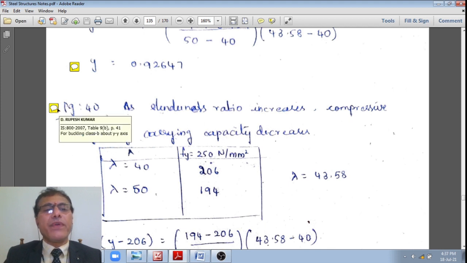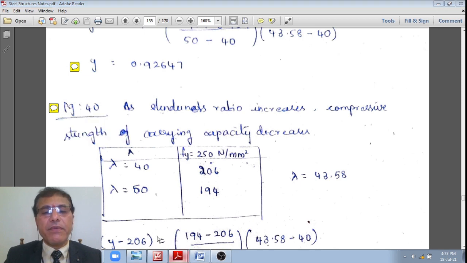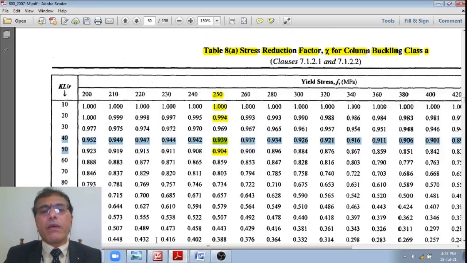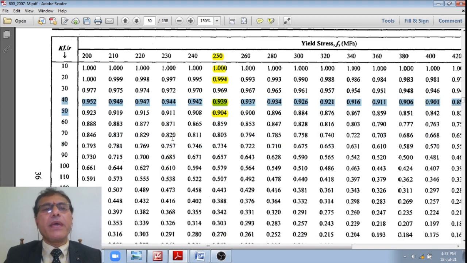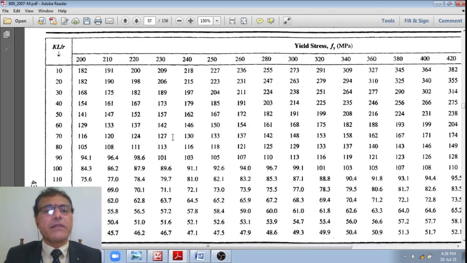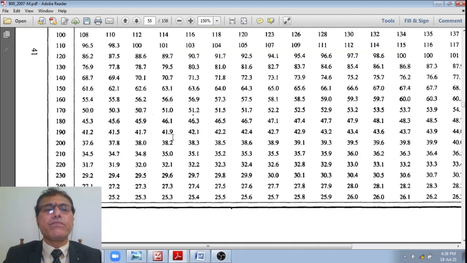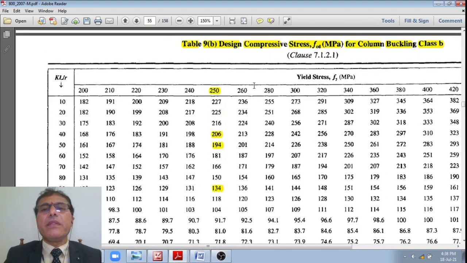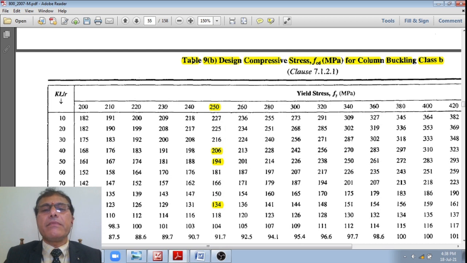If I go to Table 9B, page number 41, students, I was on page number 36. Just bear with me for a moment. Yes, this is page number 41, wherein this is 9B. Previously, we should have used 8B for the minor axis. Therefore, corresponding to that, I shall be using 9B.